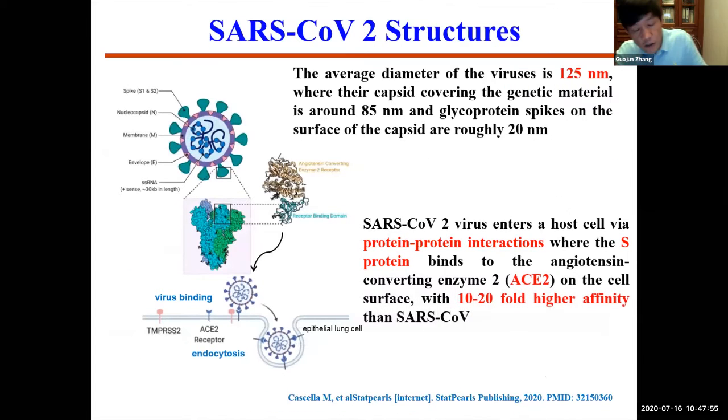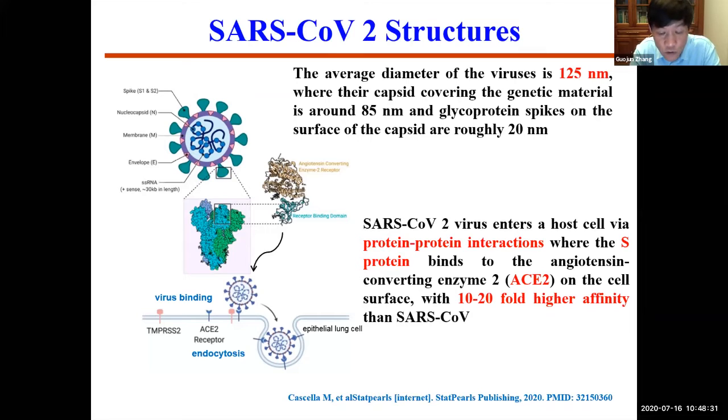SARS coronavirus 2 belongs to the beta coronavirus category. The average diameter is about 125 nanometers. This virus has a crown-like appearance due to the presence of the spike glycoprotein on the envelope. As you can see from the left figure, the main structure of the virus includes the spike, envelope, membrane, and nucleocapsid.